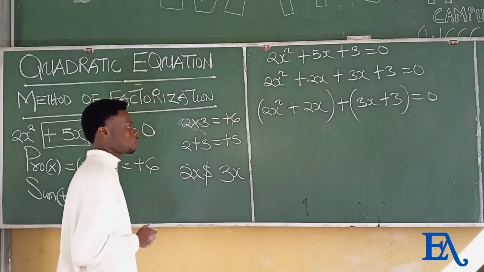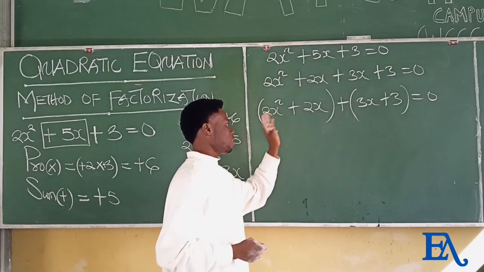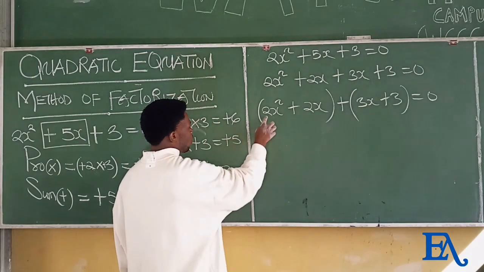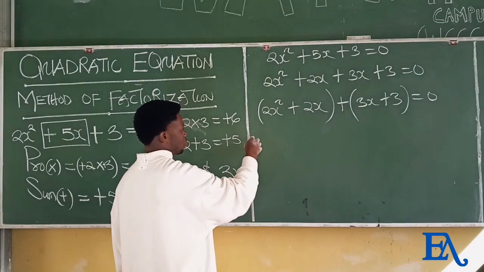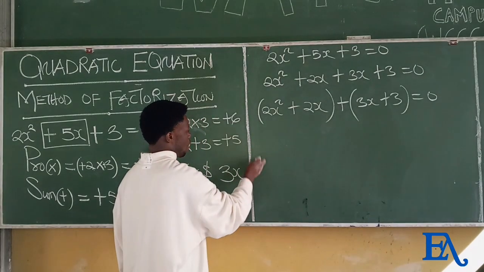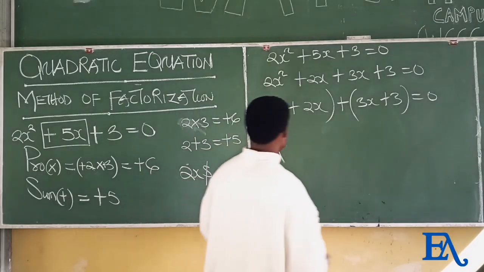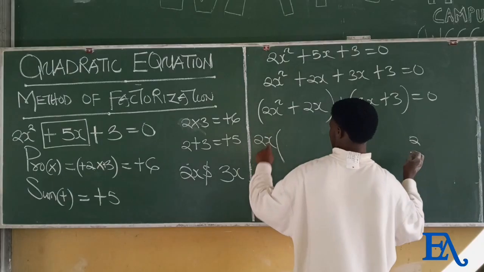Factorize each parenthesis, or look for the highest common factor between the terms in each parenthesis. To factorize 2x squared plus 2x, what is common between these two values is 2x.